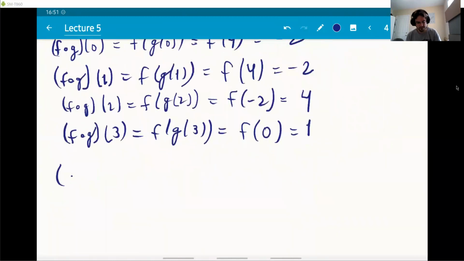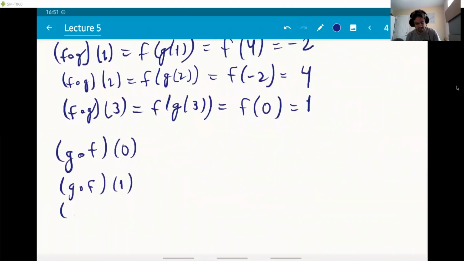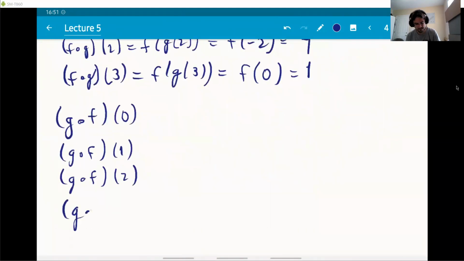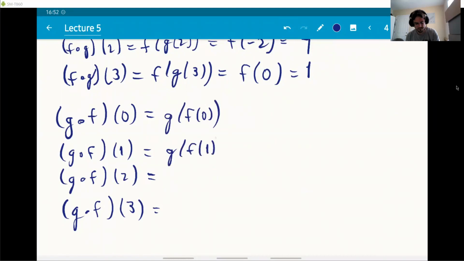Now we need to do all this again, but with g circ f. 0, 1, 2, 3. Sorry, just copying this down very quickly.